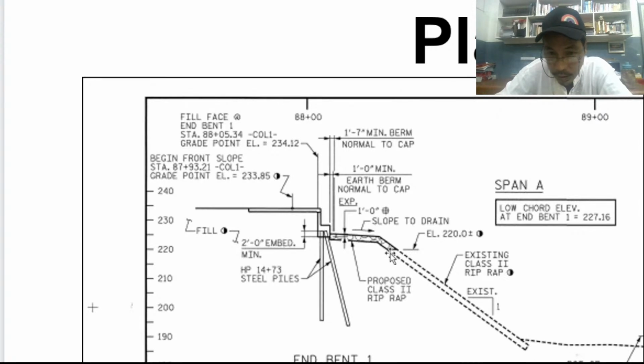Broken lines. Even in real construction, even in building construction, all the existing constructed building is drawn using broken lines, and all the proposed construction is drawn using solid lines.